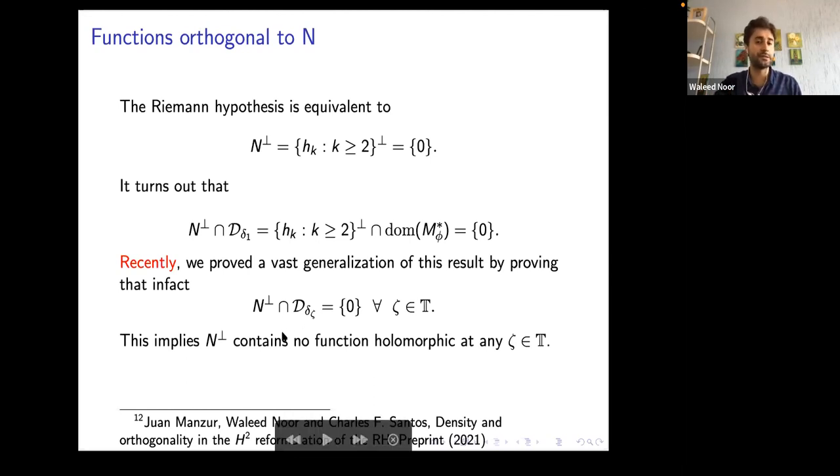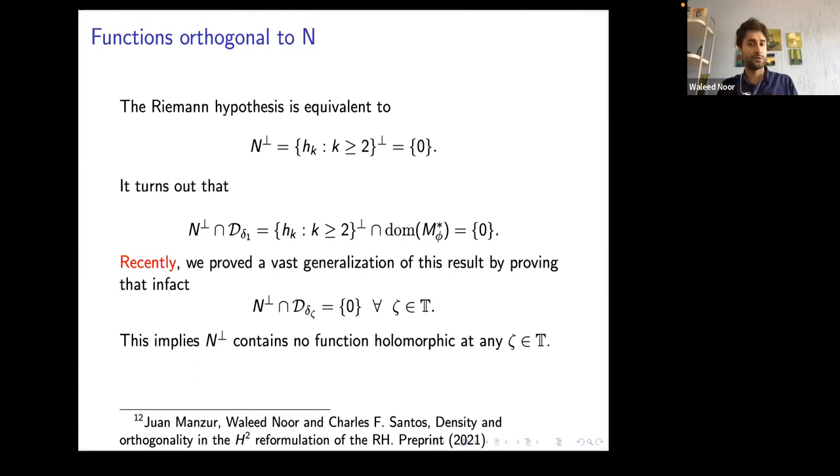In particular, we can say it contains no function holomorphic at even one point on the boundary. Because if you think of all holomorphic functions, even if they have singularities on the boundary, they usually have some points on the boundary at which they are holomorphic, like all elementary functions, but this cannot be the case for N perp.